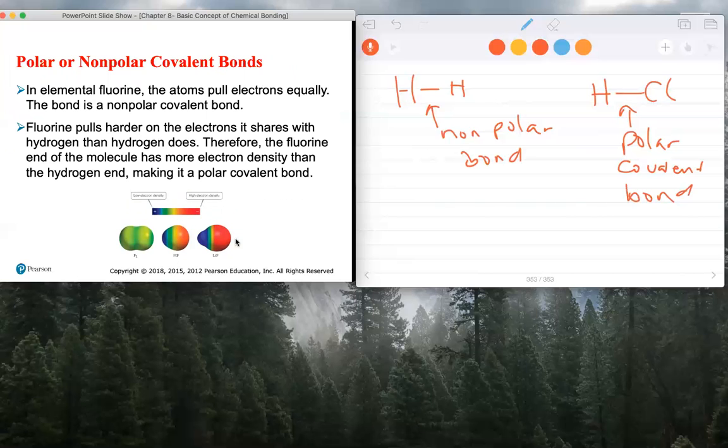So this portion of the molecule has high electron density compared to the blue painted portion, which is the electron-poor side of the molecule. Chemists use that rule of thumb, and sometimes they use it to represent polar covalent bonds.